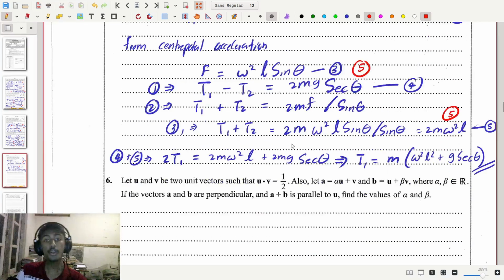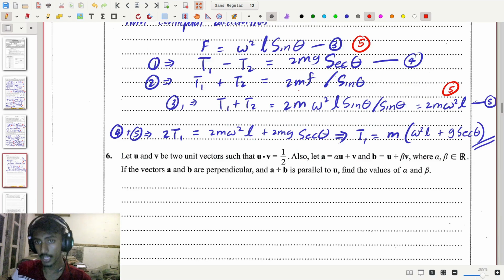And finally, when you combine the equations of T1 minus T2 and T1 plus T2 to get 2T1, and then simplify to get the final answer, T1 equals m times omega squared L, not omega squared L squared, I made a small mistake there, omega squared L plus g secant of theta, you get a final 5 marks.